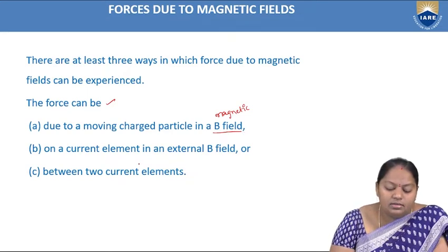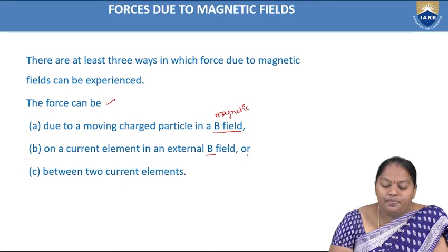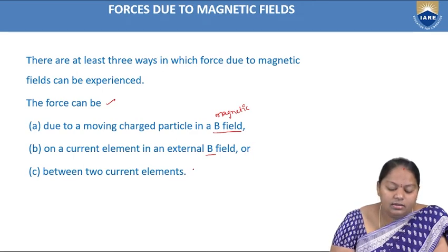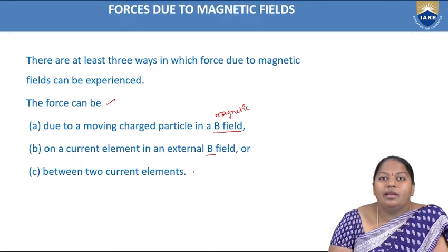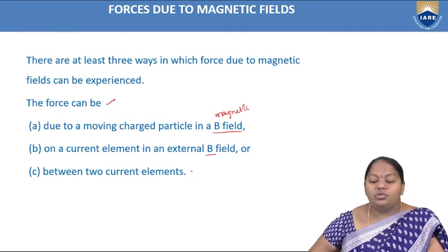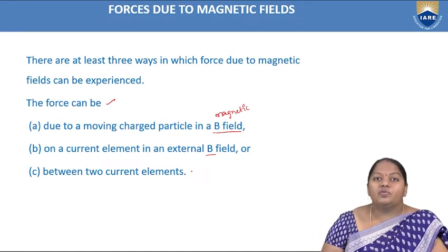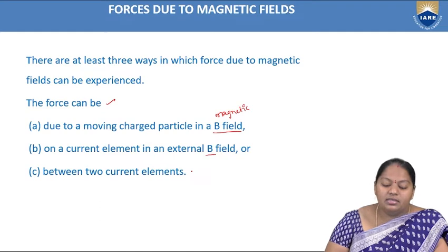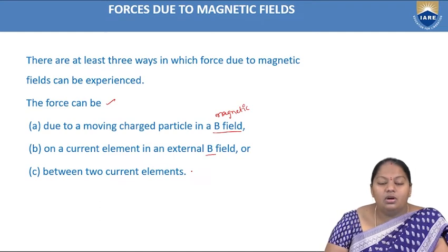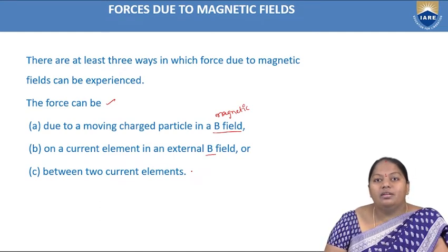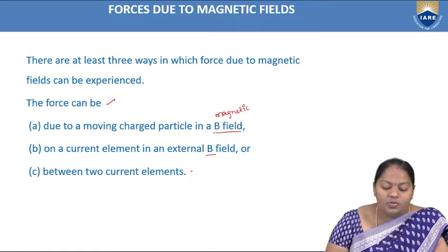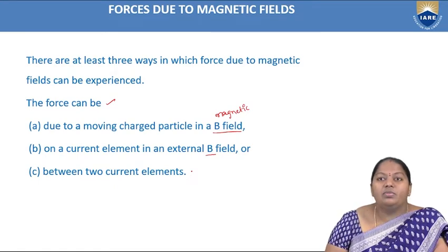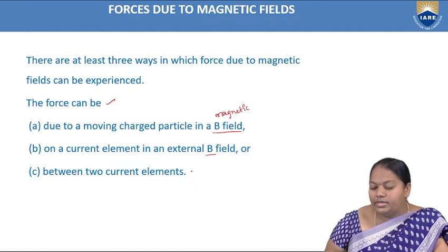The second case is on a current element in an external B field, an external magnetic field. The third case is between two current elements. So forces due to magnetic fields can be experienced in three different cases: due to a moving charged particle in a magnetic field, on a current element in an external B field, or between two current elements.